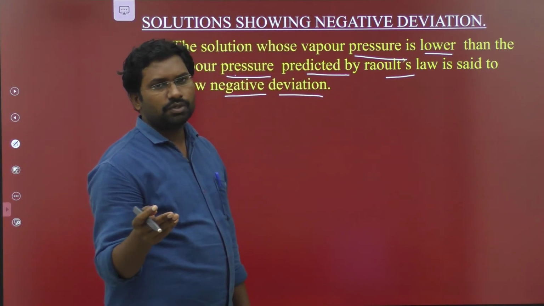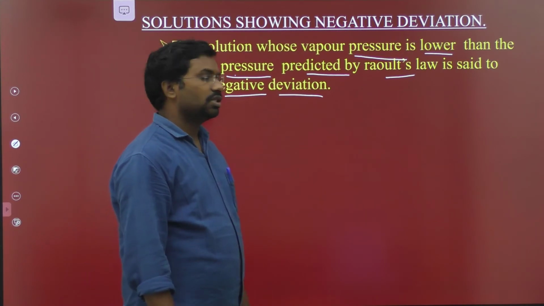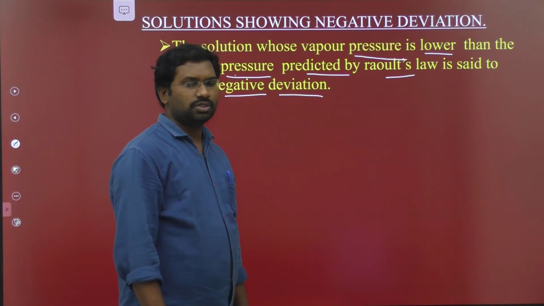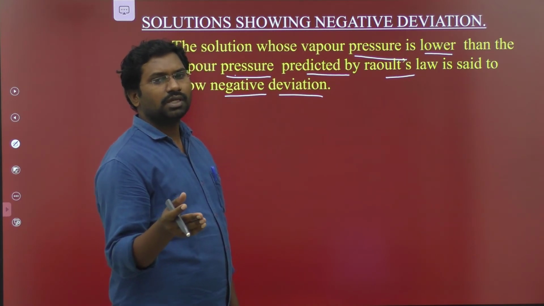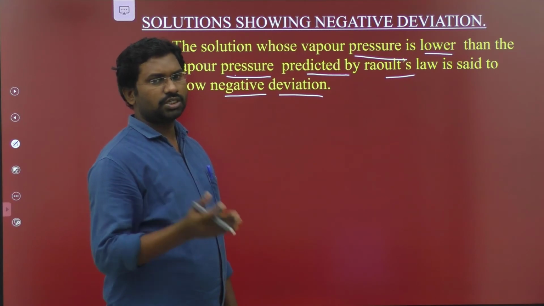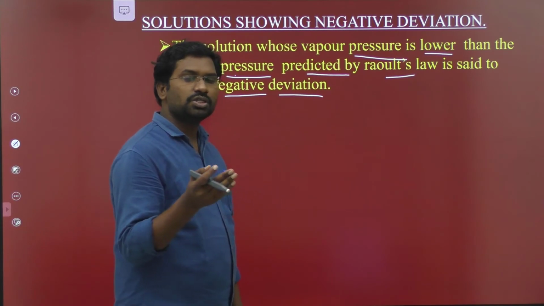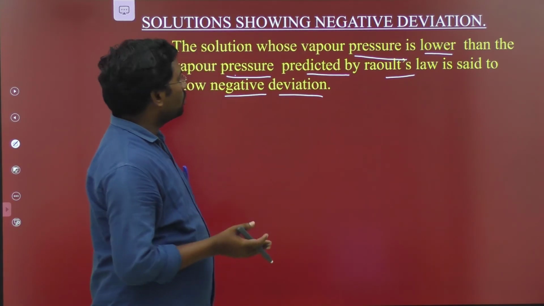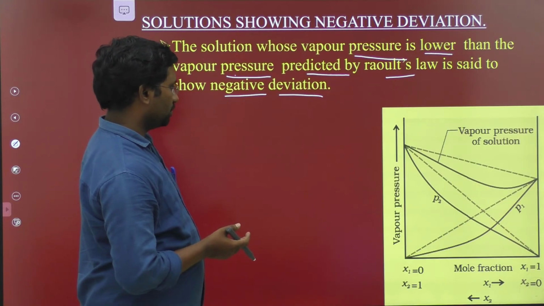If the vapor pressure of the solution is lower than predicted by Raoult's law, then the solution is said to possess a negative deviation. If the vapor pressure of the solution is higher than predicted by Raoult's law, the solution exhibits positive deviation. If the vapor pressure of the solution is lower compared to Raoult's law, then the solution exhibits negative deviation.